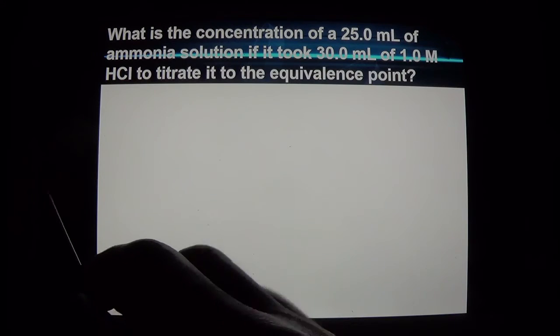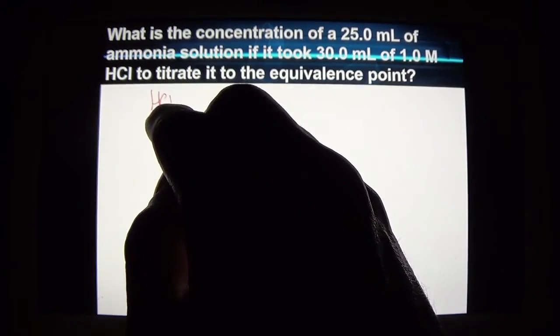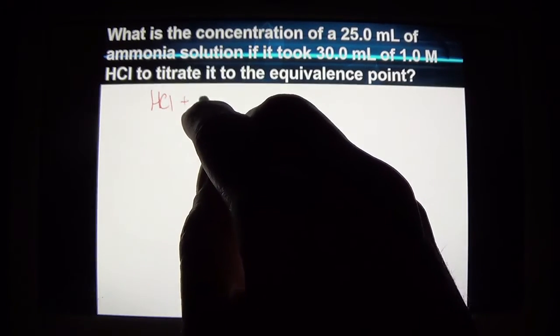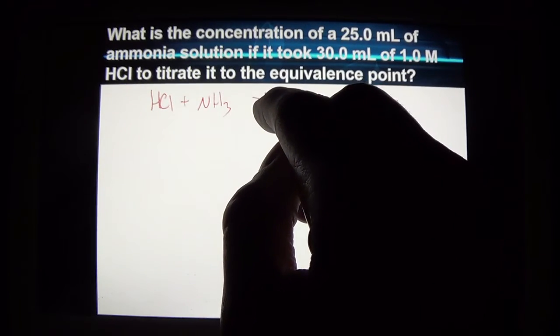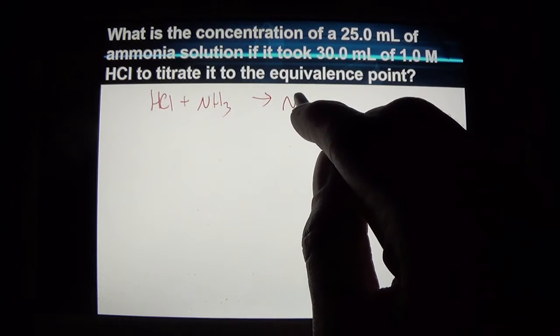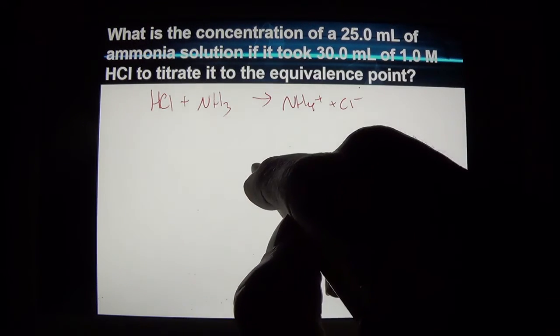Okay, so I'm titrating, so I really just need a railroad track. Now let's focus. Hydrochloric acid is being added, which I know of. It's being added to some ammonia, NH3, which I don't know. One-way arrow, because hydrochloric acid is a strong acid. It's going to give me ammonium ion and chloride ion.